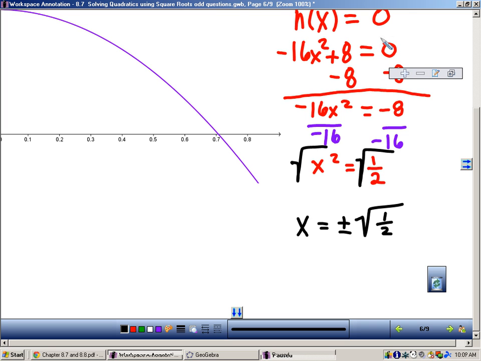Now, without complicating things, I'm now going to use the definition here and explain that x is either square root 1/2 or x is negative square root 1/2. Okay? So it's either positive or negative. Now, again, we said x represents the time. And there's no such idea here in terms of a negative time. So this answer to the question is ignored.